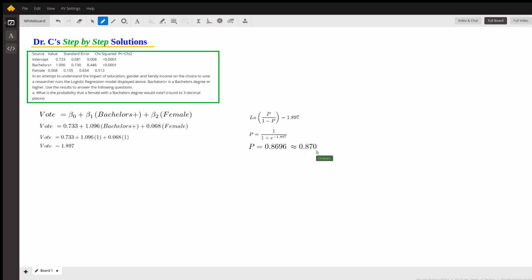Since we're rounding to 3, you square your answers for accuracy. And so essentially we kind of recall it back. So the probability that a female with a bachelor's degree would vote would be roughly 87% or 0.870, depending on how they want you to report it.